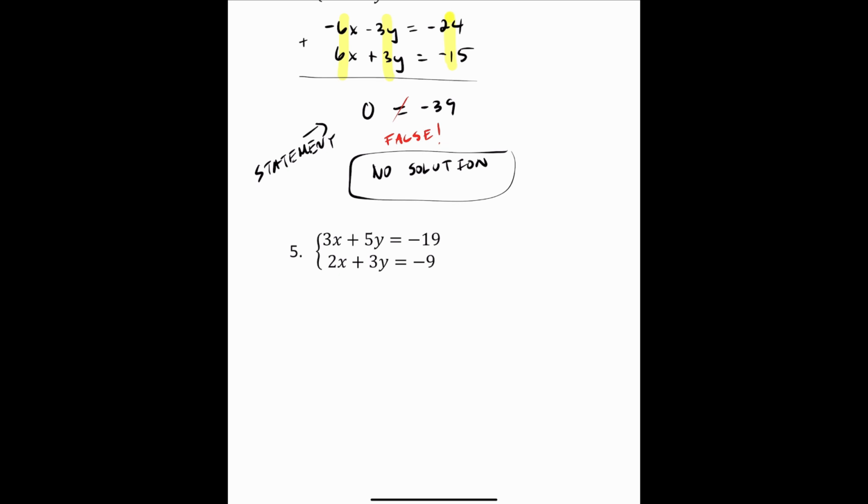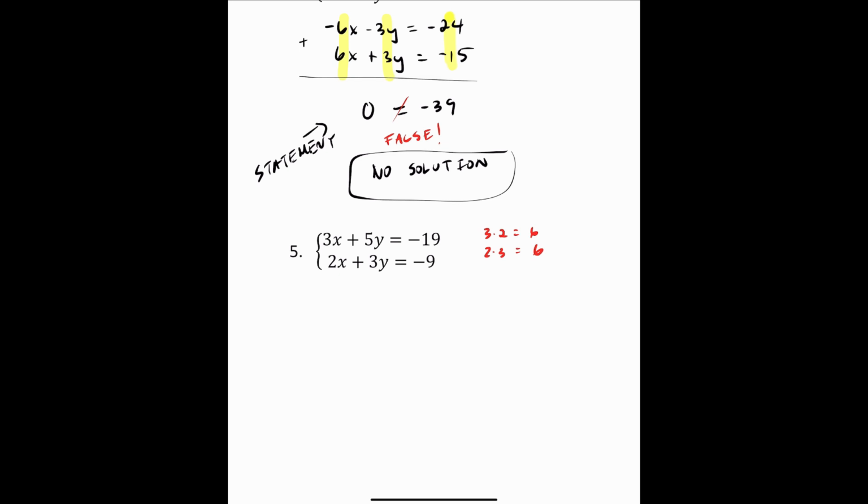Well, if we think, the least common multiple that I think of is 6, right? So we know that 3 times 2 is 6, or 2 times 3 is 6. Now, I can also say the same thing if I were to look at 5y and 3y, or just specifically the 5 and the 3.